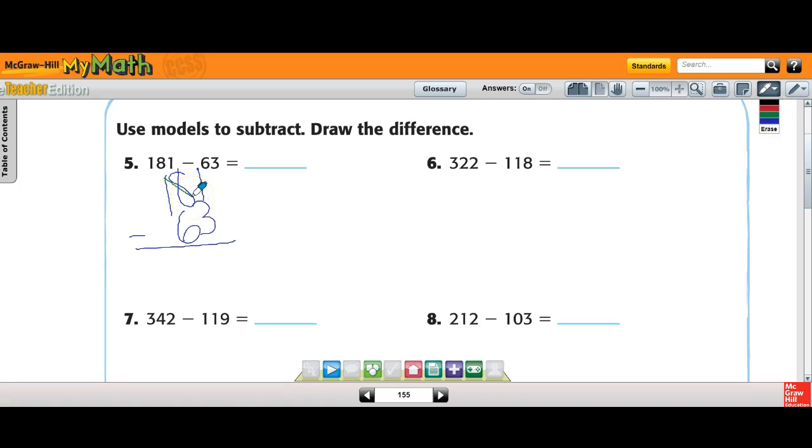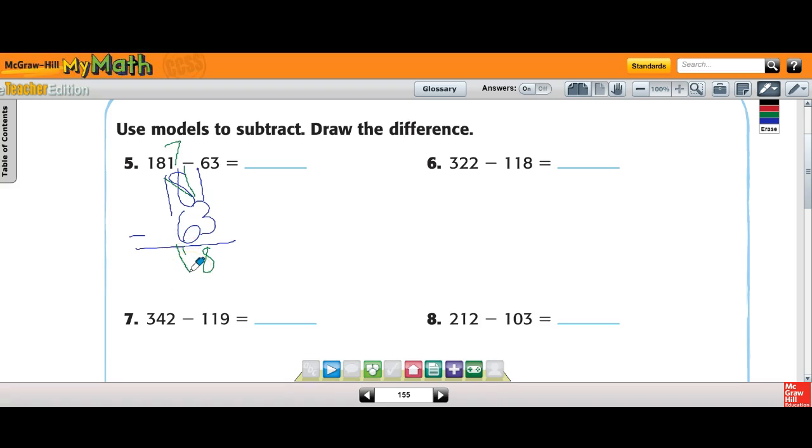So why did you take 1 from 8? Because we cannot subtract 3 from 1. And 11 minus 3 is 8. And 7 minus 6 is 1.